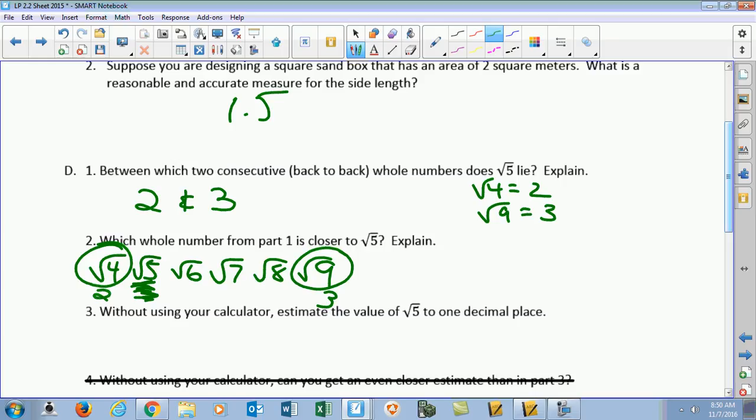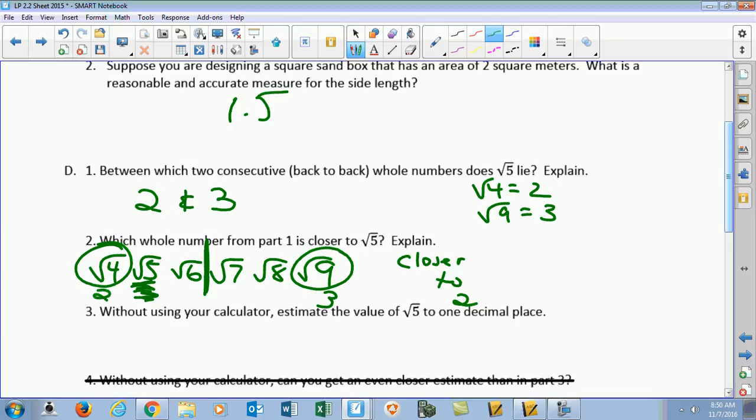Right, the square root of 4, which is 2. And if you want an explanation, there it is. You can visually see this is kind of the middle area here, and it's way to the left of the middle, isn't it? So it's closer to 2, for sure.